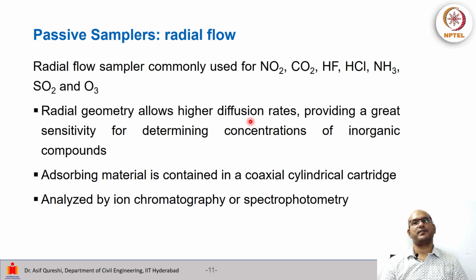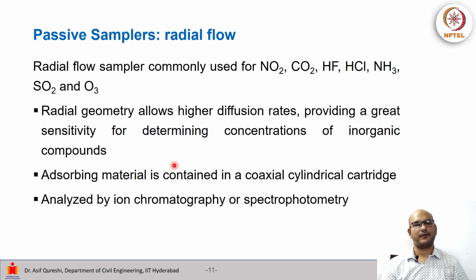Because the diffusion rate is high, more and more compound may get adsorbed to the surface, thereby increasing the concentration and the mass of the analyte on the adsorbent. So when this analyte is extracted later, the amount will be quite good for doing analysis with any of the instruments.